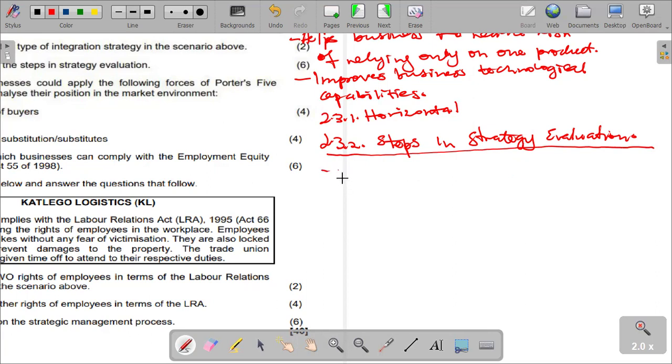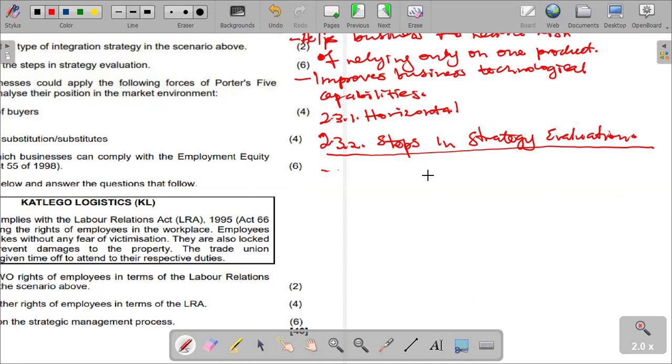In terms of strategy evaluation, we are doing a performance check of a strategy to identify the areas of weakness in order to put corrective action. So what are the steps in strategy evaluation? What are those steps that are there?